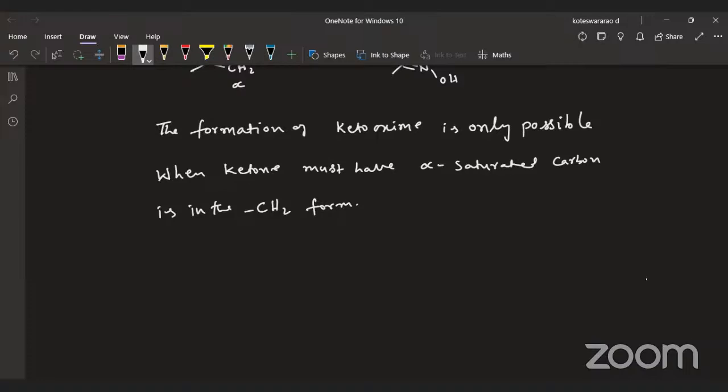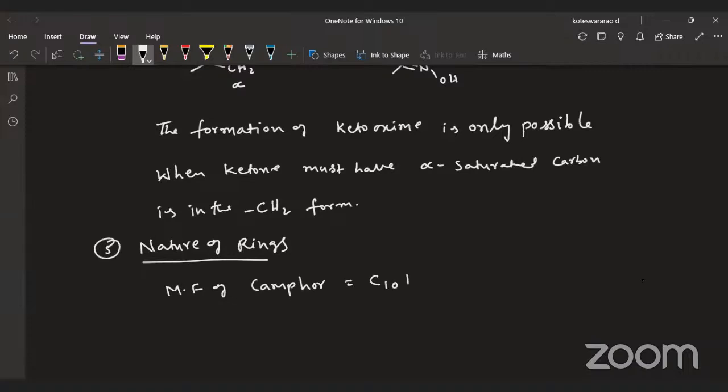Next, coming to the nature of ring, or rings. The molecular formula of camphor is C10H16O.